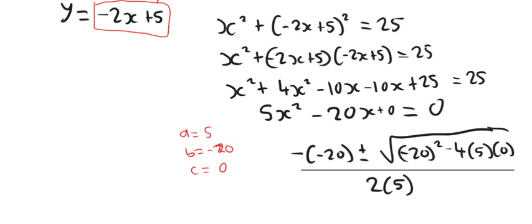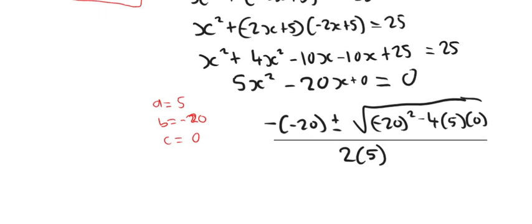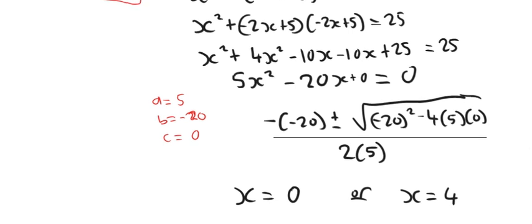Now for our x value, we actually get 0. Sorry, our minus value, I mean. So our values then are x is equal to 0, or x is equal to 4 for the plus value. That's using minus b formula.